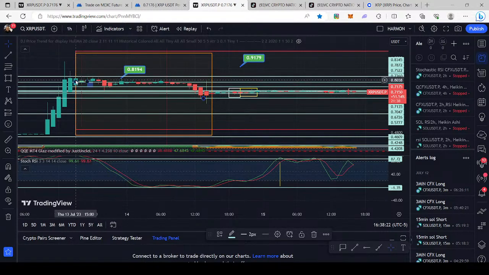So the first wick, where you see the 2 hour starts to go down, there's an area of that wick right on that level. It's 83.19, right? You see that? Yes, that's it.